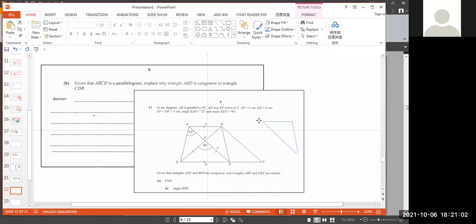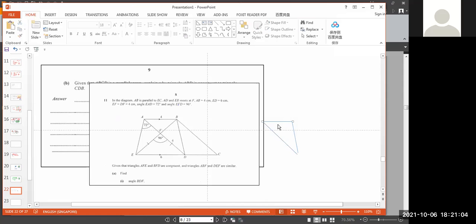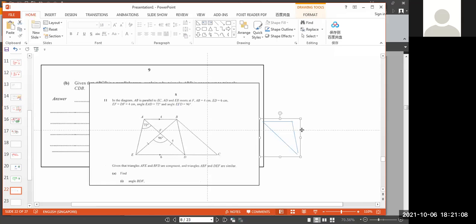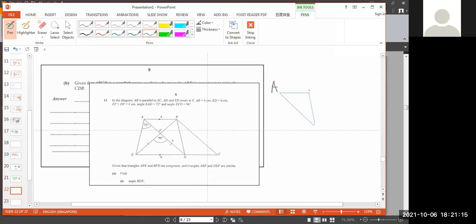Yeah, so this is the one. We put them together. Very good. This is the ABD. And CDB.